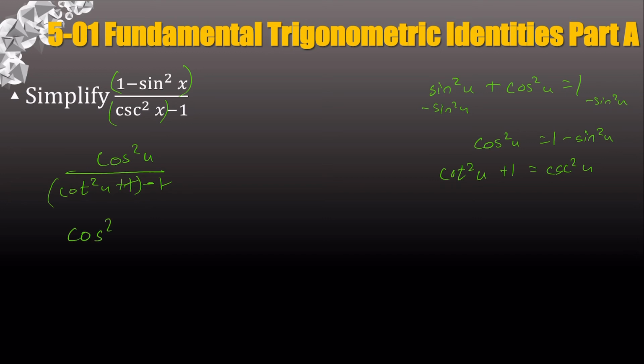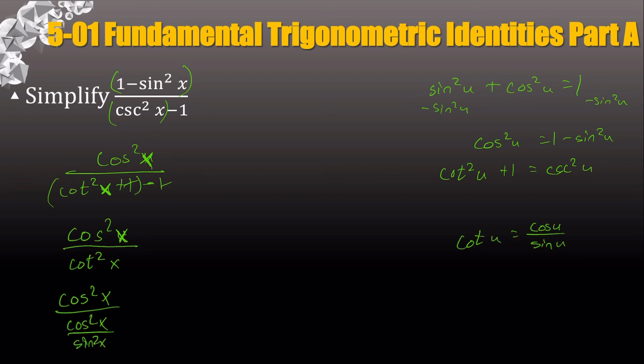So I have cosine squared, and now we're doing x's, not u's, over cotangent squared. Oh, but wait. Cotangent is cosine over sine, so we could make it cosine squared over sine squared.